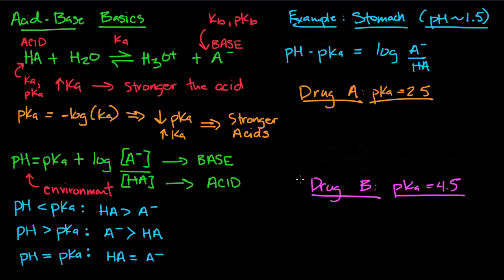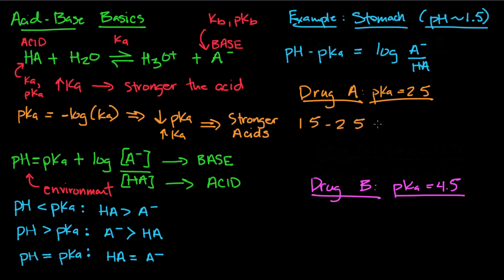Intuitively, I'm thinking, is a pKa of 2.5 a weaker acid or a stronger acid? If it's 2.5, stronger acid, you should have more dissociation. With 4.5, weaker acid, you should have less dissociation. Let's take a look at this from a number standpoint. So pH is 1.5, pKa is 2.5, 1.5 minus 2.5 is minus 1.